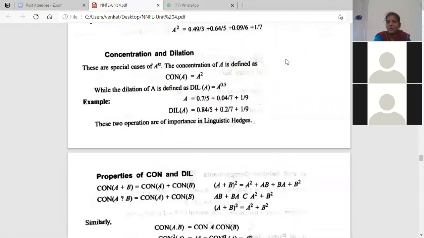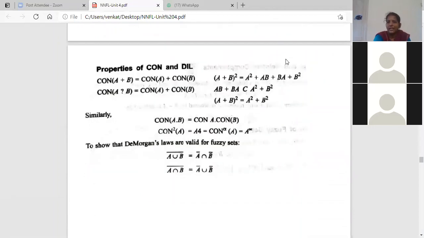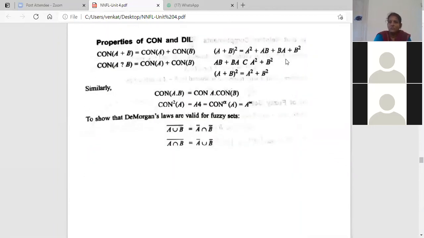Next, properties of concentration and dilation. Concentration of A plus B is equal to concentration of A plus concentration of B. Nothing but you need to calculate A square plus B square plus 2AB.